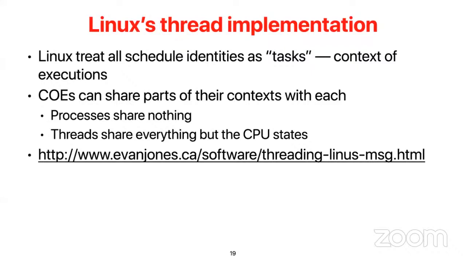If you are interested, definitely check the Linux thread implementation, which is now part of the kernel support. Part of the reason Linux is okay to do that now is that our microprocessors and computer architecture have been optimized to support thread creation and management more efficiently than in the past. That's why Linux is okay to treat all scheduling entities as tasks, including the threads. So scheduler activation is not in use. However, the concept of scheduler activation is still interesting.